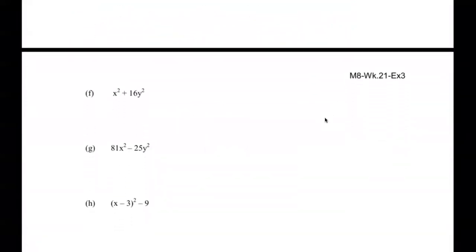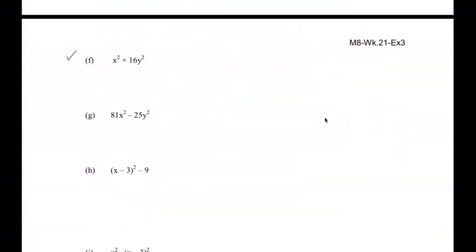Okay, so let's look at question F. Question F is an example where the expression cannot be factored. Remember that the formula we learned is a squared minus b squared is equal to (a + b) times (a − b), right?